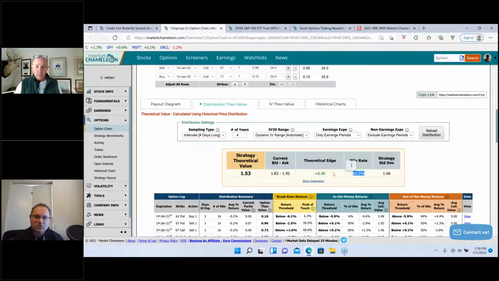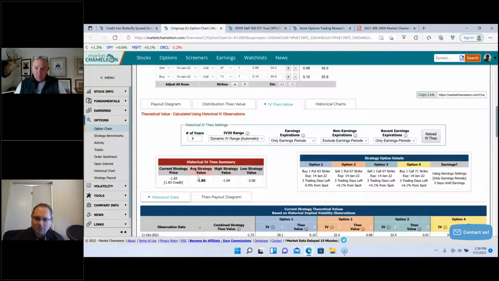So one more thing we're going to do for the evaluation is we're going to come back to our IV Theo and say, okay, that's using actual historical returns. What about how the options are set up now, right? How are the options priced versus how they are priced historically? And that's in the IV Theo. So here we go.